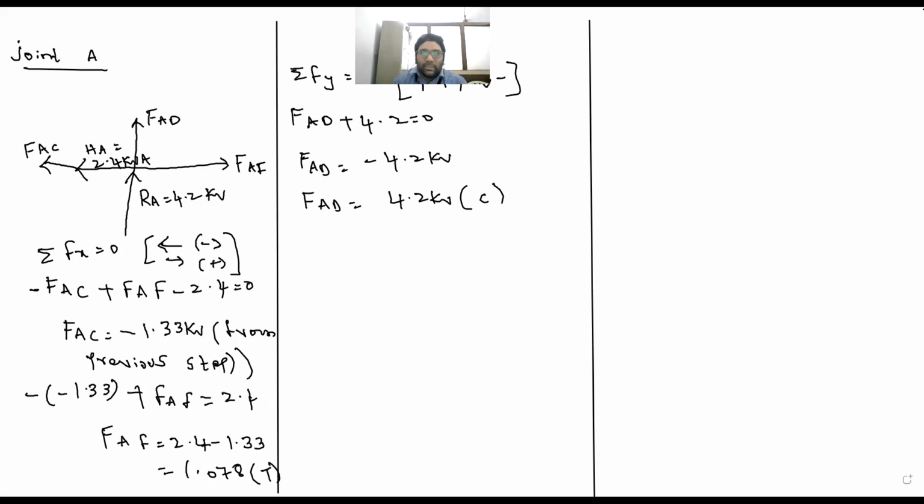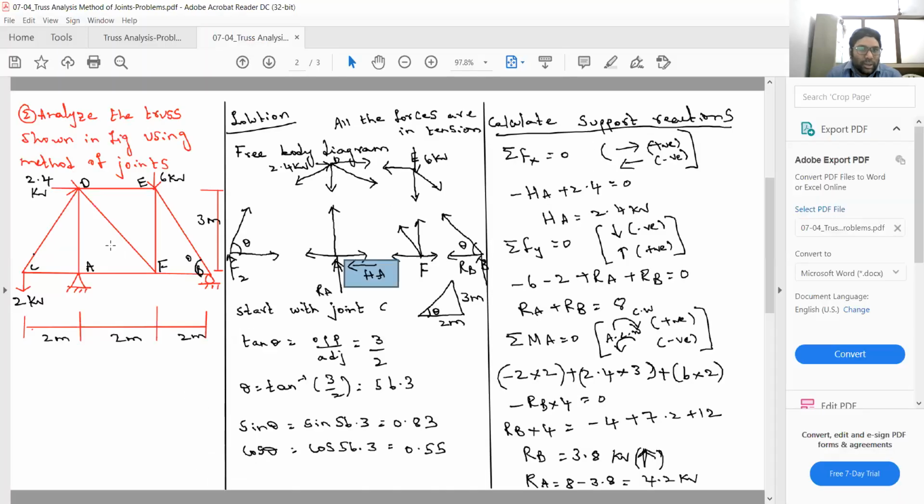Now let us try to take joint D. All of you can see the screen once. See here, this is joint D. In this joint D, what all do we have? We have horizontal force 2.4, and forces DE, DC, DA, DF. What are the unknowns here at joint D?